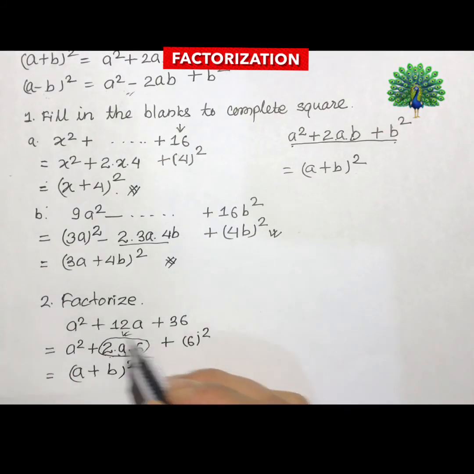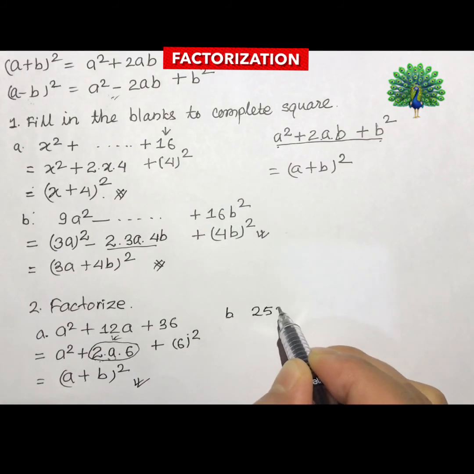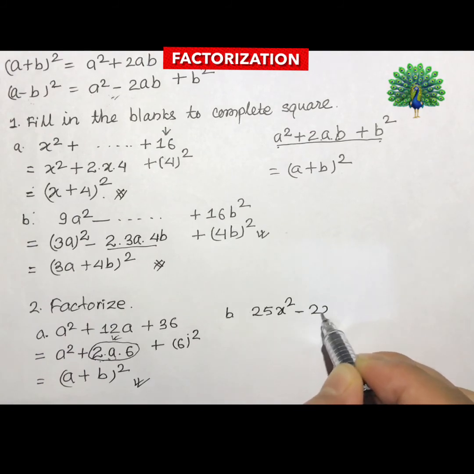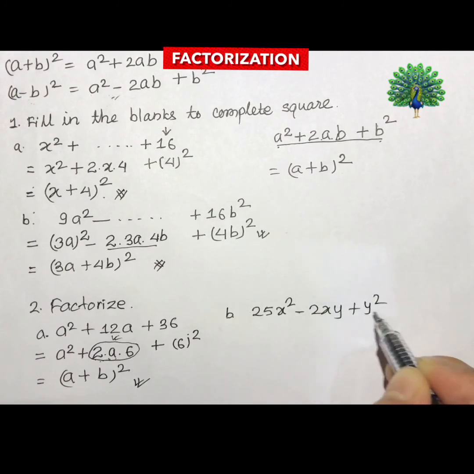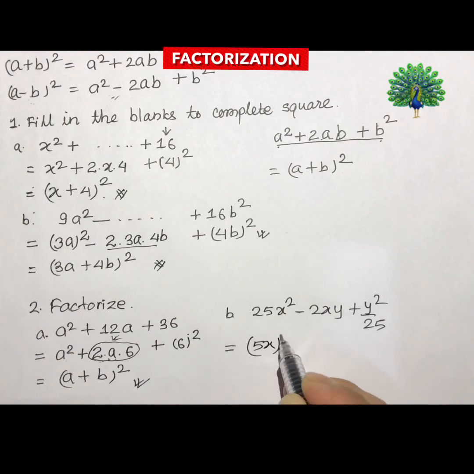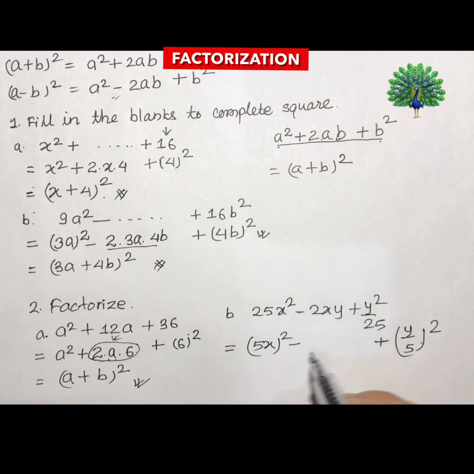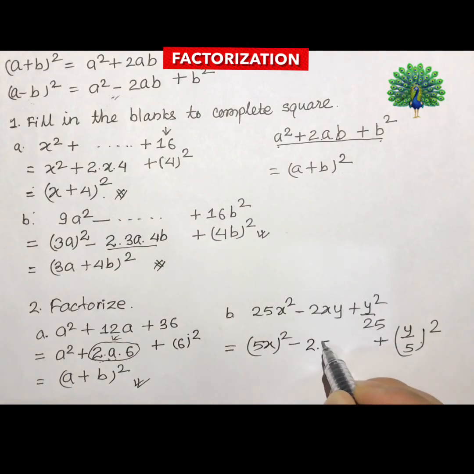And you see another one also: 25x square minus 2xy plus y square by 25. The same process you follow. You have to make a whole square in the first term and last term. The last term is y square by 25, that is the square of y by 5, and 25 is the square of 5. Now a means here 5x and b means here y by 5.